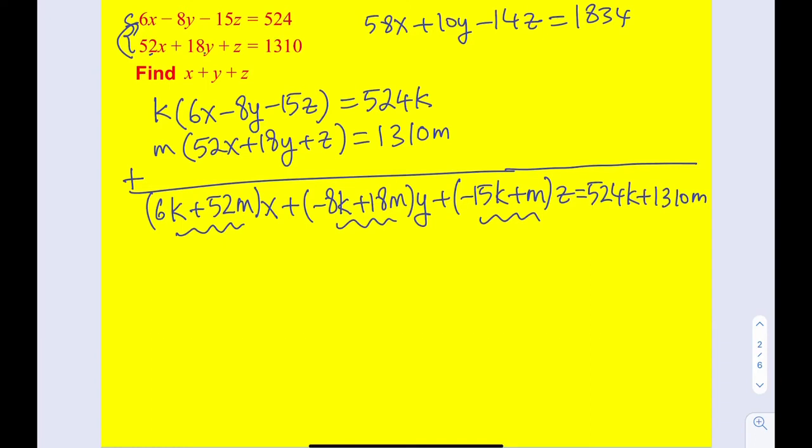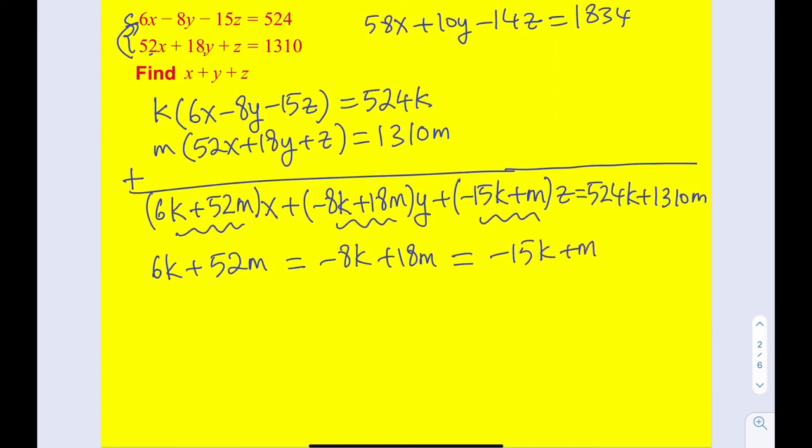Obviously, for particular values of k and m, this is going to be a number that I can just divide by, okay? All right, so let's go ahead and do this. Since I want all the coefficients to be equal, because I'm looking for x plus y plus z, then I'm going to set up this equality here. 6k plus 52m needs to equal negative 8k plus 18m, and that needs to equal negative 15k plus m.